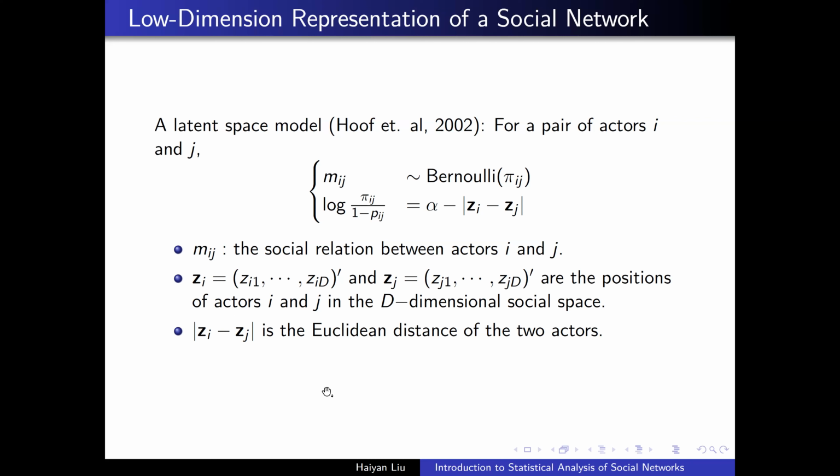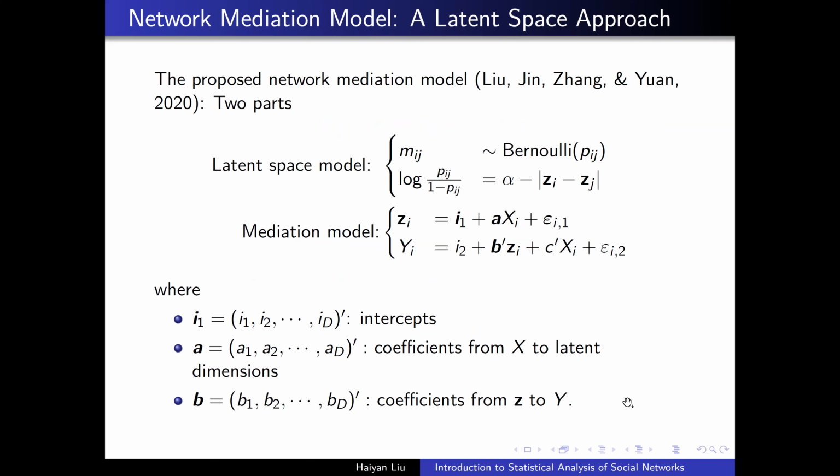So therefore, we are thinking we could use the latent positions as the actual mediators in the network mediation model, because the latent positions integrate or summarize all of the dependency information in a network. So based on this rationale, we propose the following model.